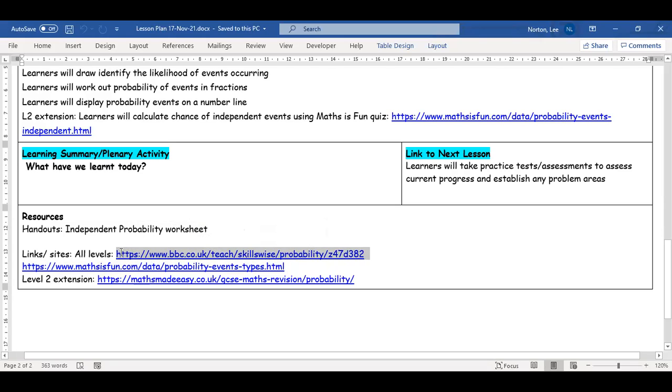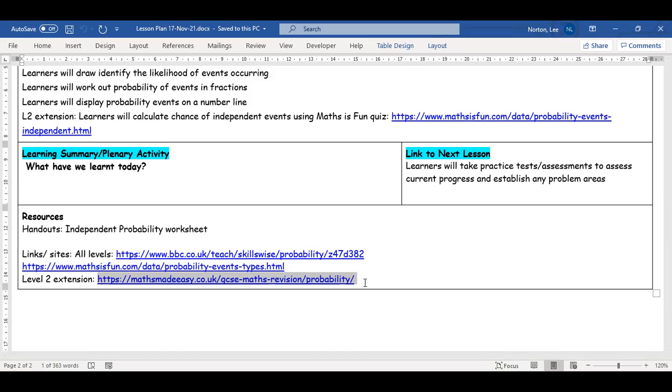You might want to look over that for some more general help. If you want to understand more about the event types, have a look at this Maths is Fun link. That's really useful. Level 2s, I really want you to look at this Maths Made Easy link. This level 2 material gets harder, looking at probability trees and calculating independent events, which is something that we haven't covered in today's lesson. So I would like you to have a look at that website. It's really useful, really important.